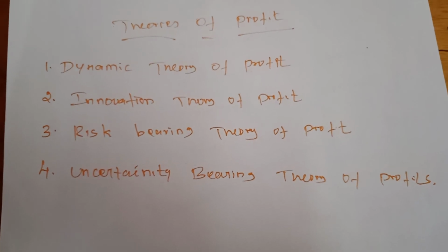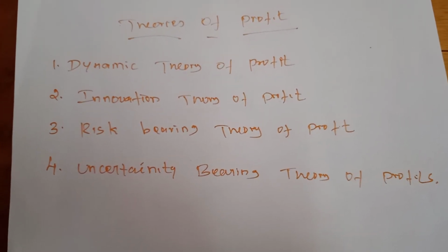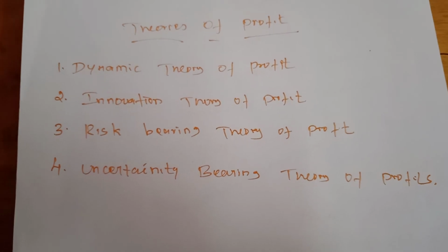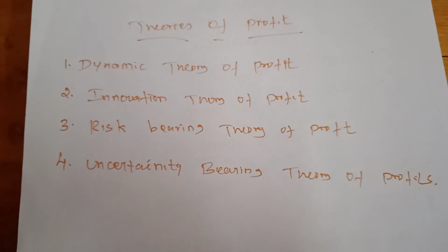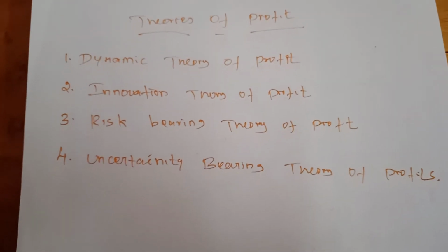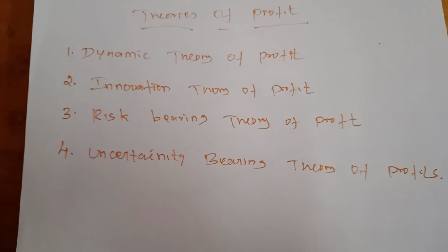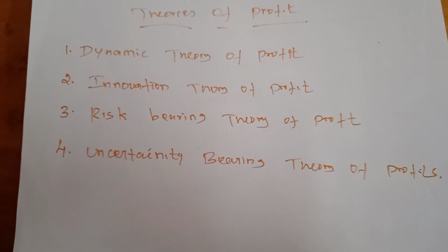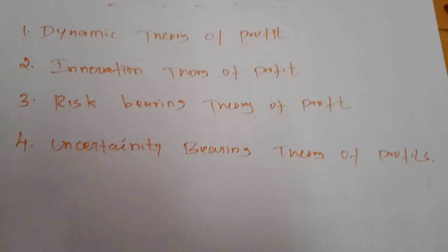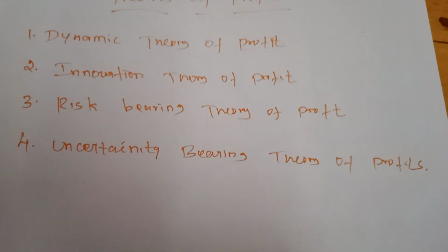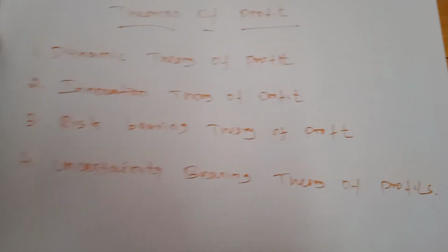When we take insurance policies on our commodities, this type of risk is insurable, so we can claim some of the losses. Some of the risks are compensated by the insurance companies. But at the same time, some risks are not compensated by insurance companies. If there is a loss, the entrepreneur has to bear it.